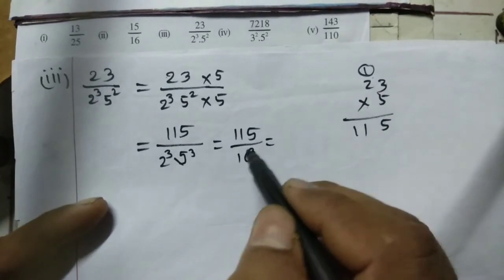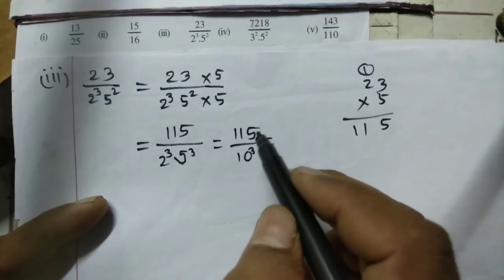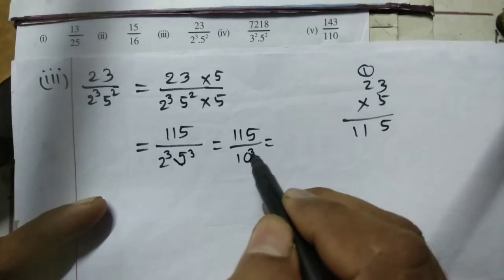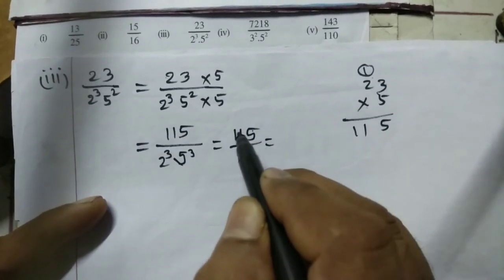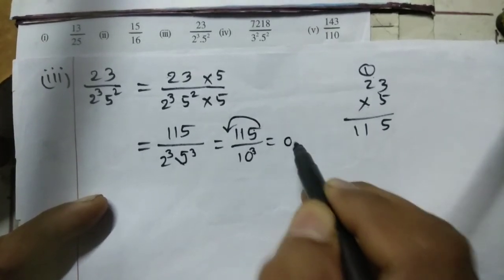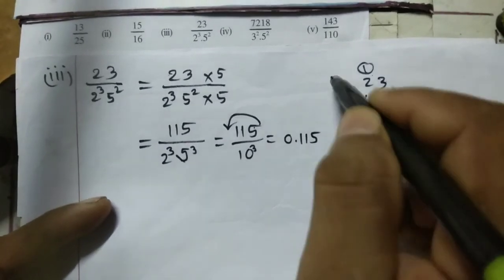So we have to keep 3 decimal places, 1 2 3, so 0.115.